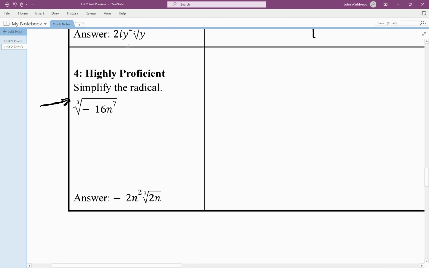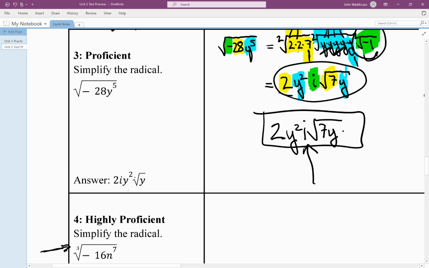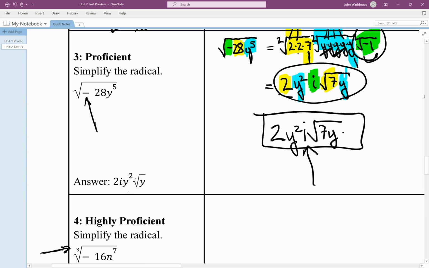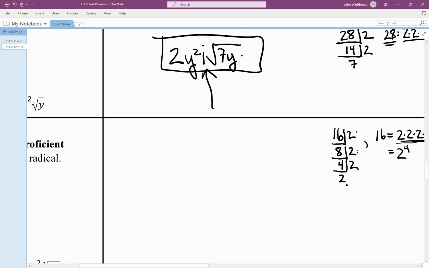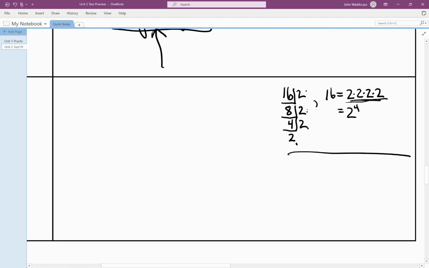What I'm going to do here is break this down. I want to address the negative, because up here, when we had a negative under the square root, in the real numbers, there's no real number that if I multiply it by itself 2 times, I'd get a negative number. So we have to use the imaginary number i. But with the cube root, let's use this as an example. If I have the cube root of negative 8, I'm asking myself what number multiplied by itself 3 times is negative 8.